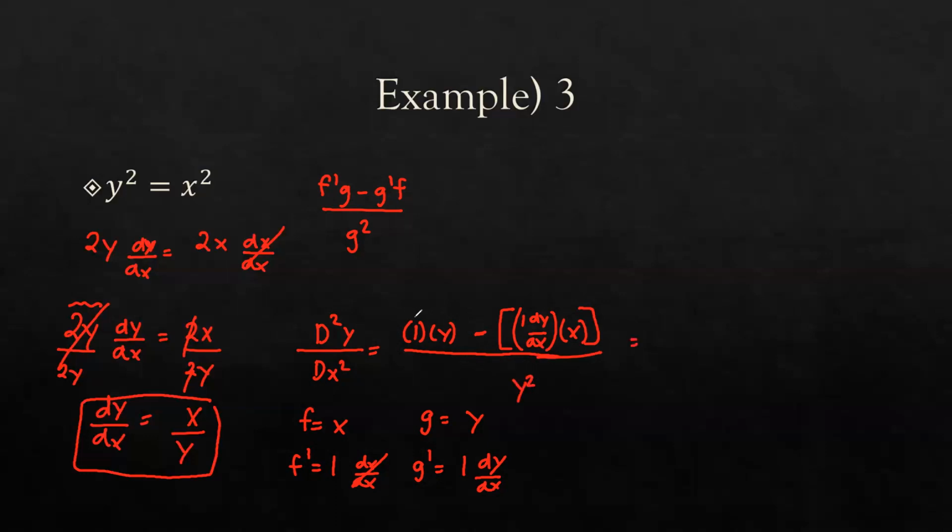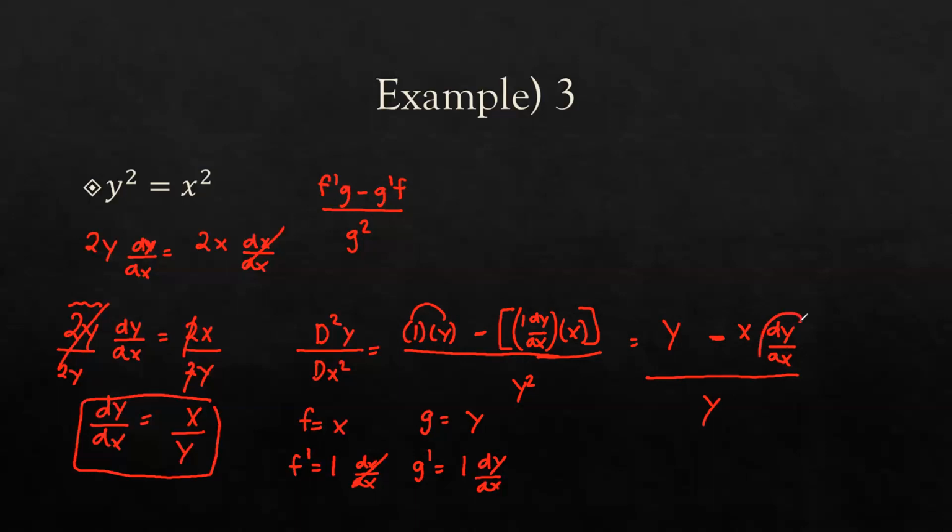So let's clean this up a bit. 1 times y is y. If you put this all together, it would be negative x dy/dx all over y squared.